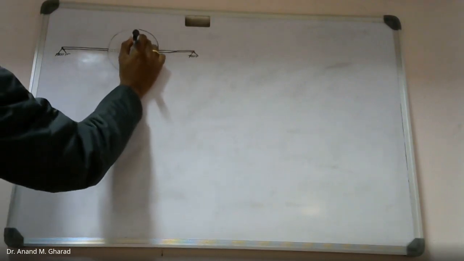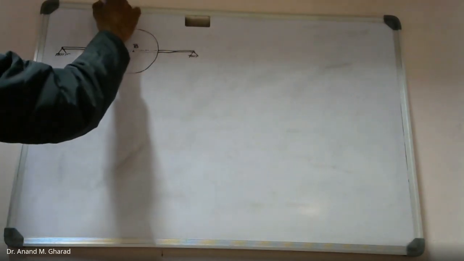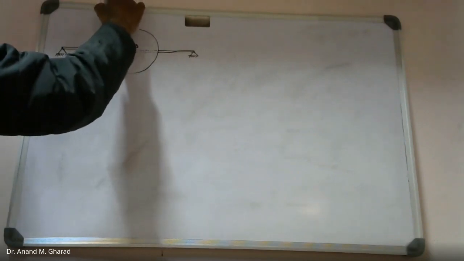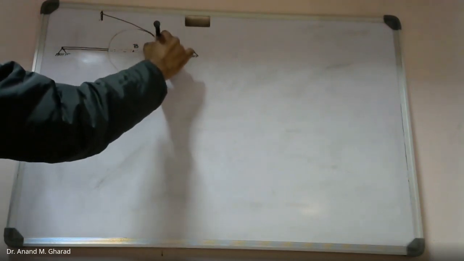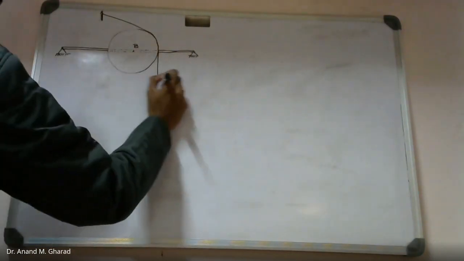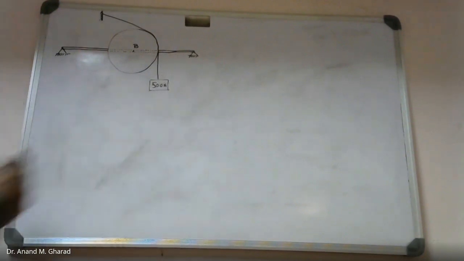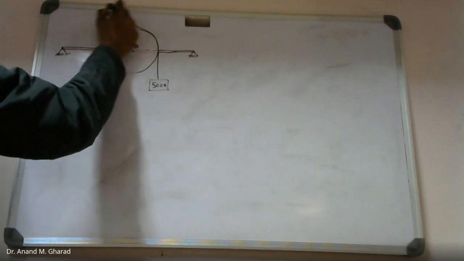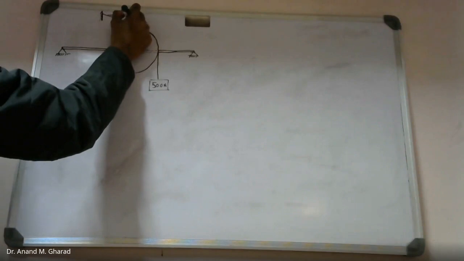This is point B. 500 Newton. This is the cable whose slope is given, 4 horizontal, 3 vertical.